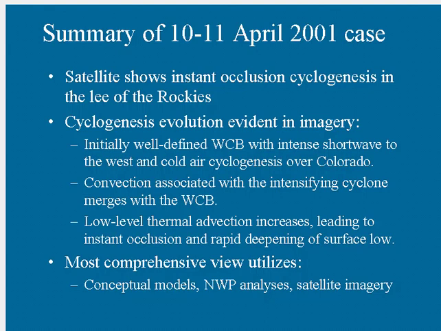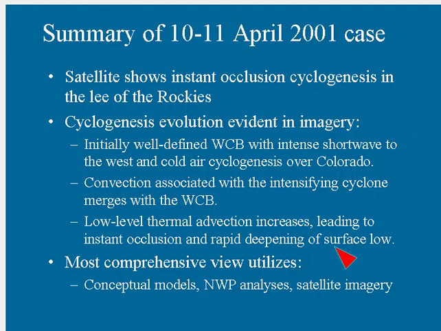Now let's summarize this case. Satellite imagery showed instant occlusion cyclogenesis in the lee of the Rockies. Initially, we had a well-defined warm conveyor belt with an intense shortwave to the west and cold air cyclogenesis over Colorado. But then what happened is we saw convection associated with the intensifying cyclone merge with the warm conveyor belt. So we saw that secondary warm conveyor belt develop.